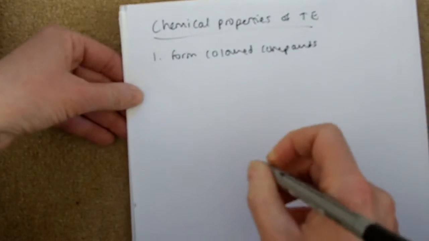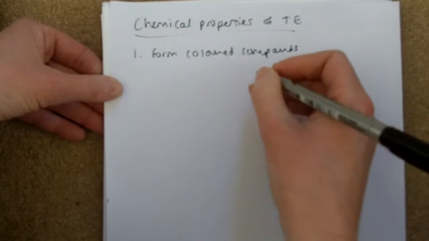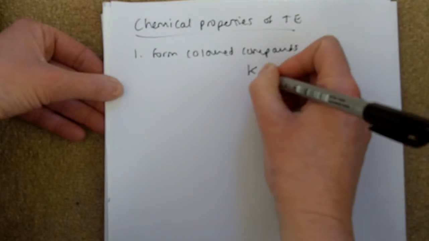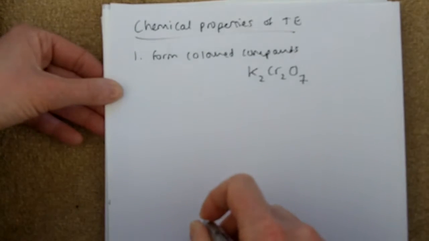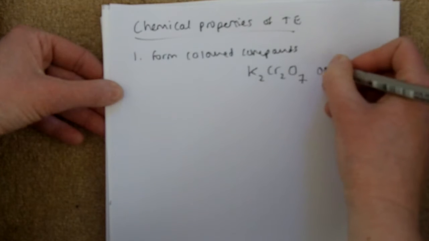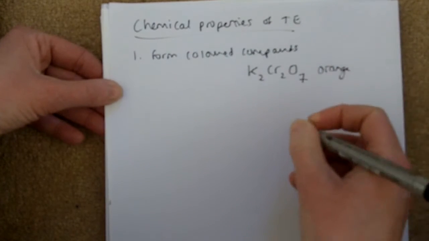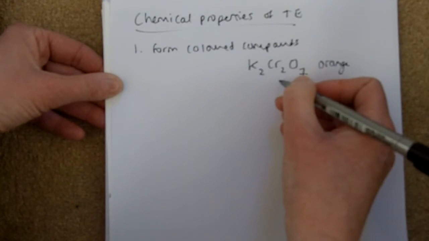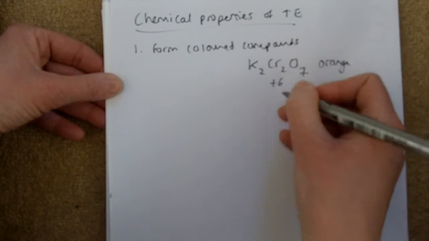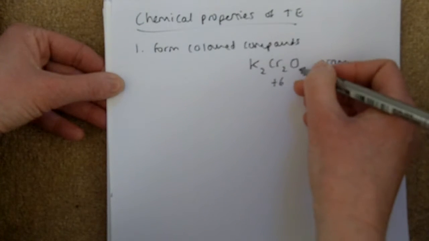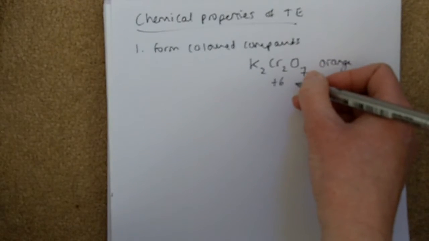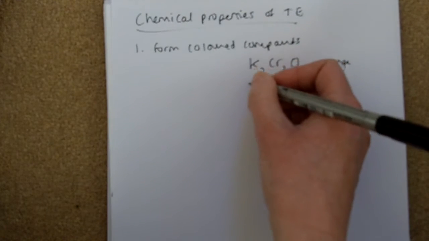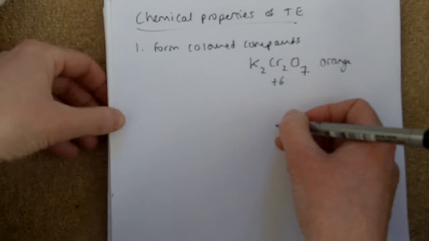Two very common ones you should know about are potassium dichromate, which is used in the oxidation of alcohols and is an orange compound. Chromium is in the +6 oxidation state, because oxygen is -2, and the 7 of them is -14, +2, so chromium is +6.